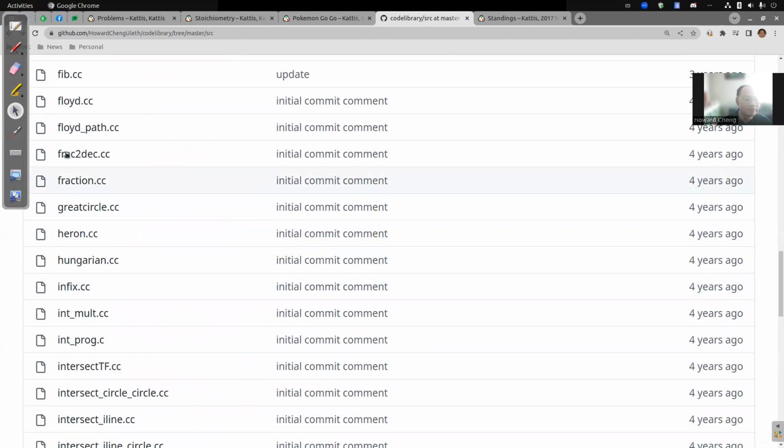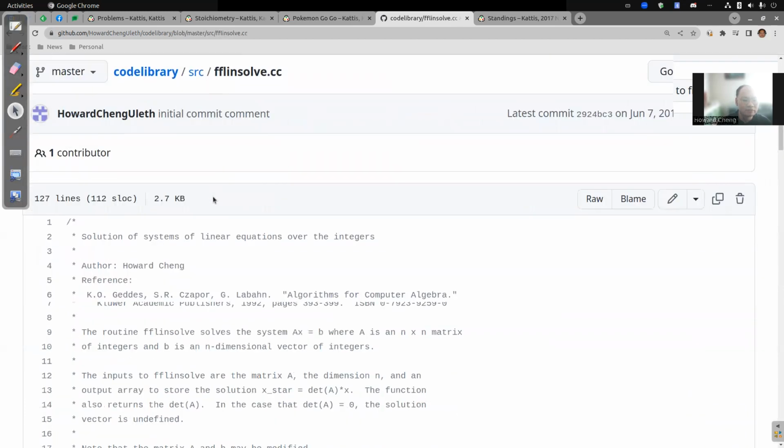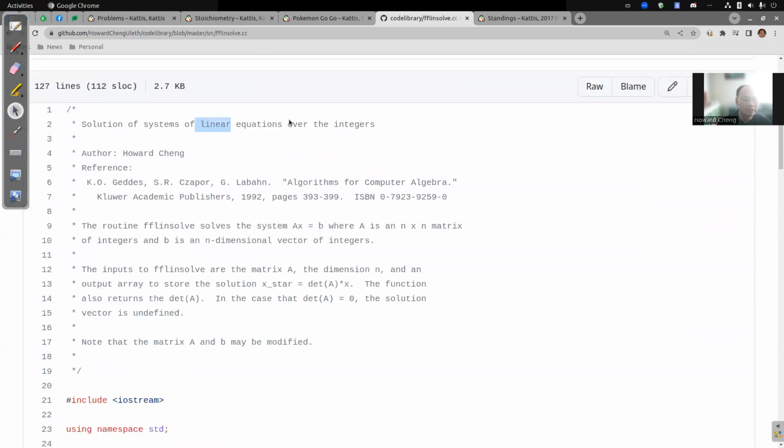Then there's something called FF linsolve, which stands for fraction free. The linear system's entries are all integers, and it will give you a solution that is not quite the right solution. The x star that they give you is actually the numerator of the solution.